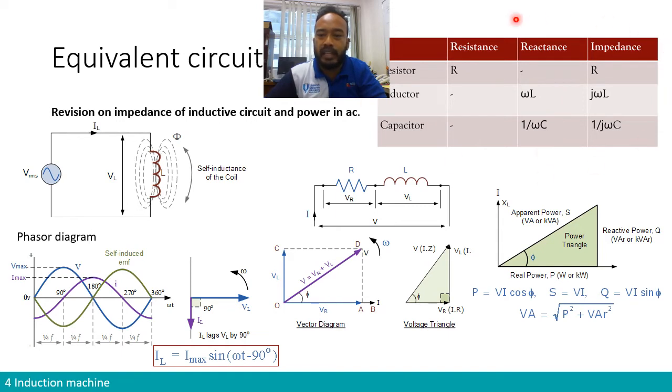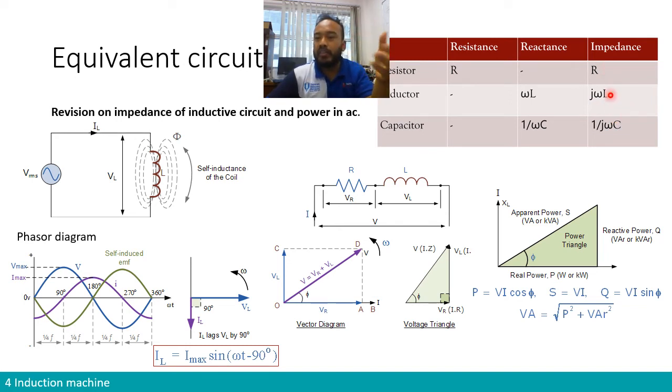So this is basically the generic formula for calculating the impedance of each component, resistor, inductor, and capacitor, that you have learned previously. In our circuit, we will have an inductor, and the reactance of the inductor is omega L, and the impedance is j omega L. In an electrical machine, you will also have a resistor because the coil has a certain resistance.